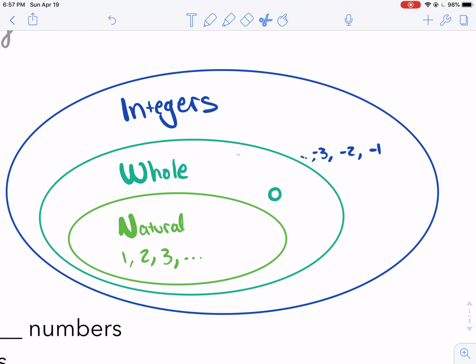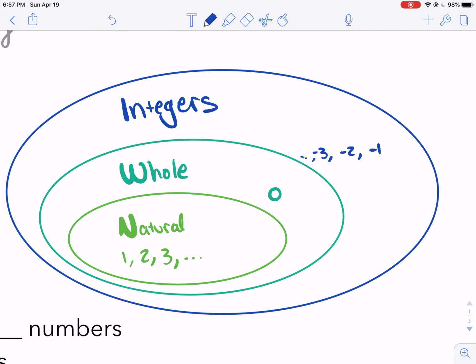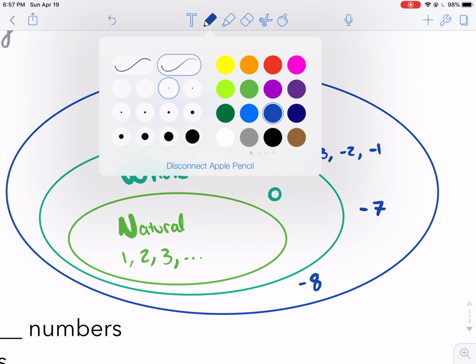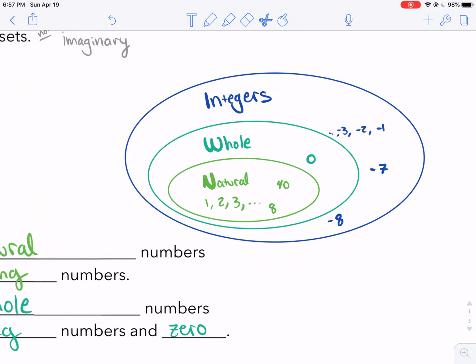So the integers are all whole numbers, all the natural numbers, and negative numbers. Other integers include -7 and -8, but also 40 and 8 and numbers like that.